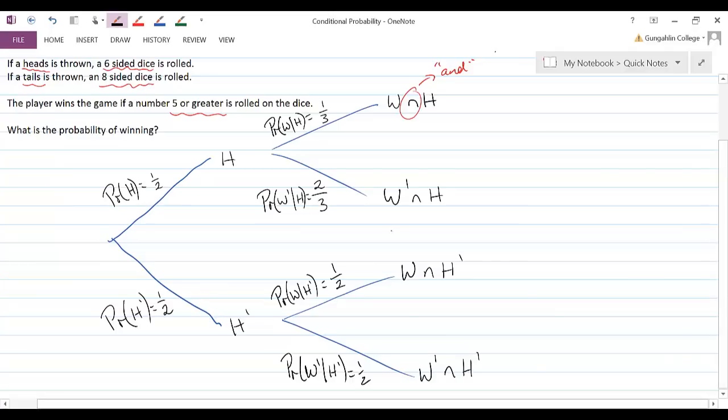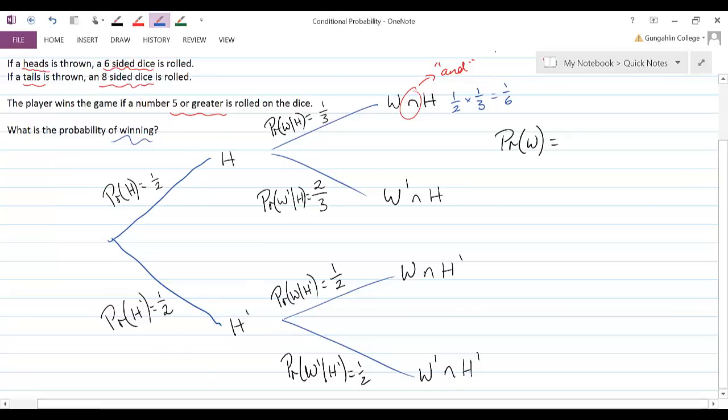Now, if I want to find the probability of winning, that was my ultimate question in this, it's going to be looking at all the ways I can win, this way and that way, and adding them together. So what's the probability of ending up here? Well, the probability of winning and getting heads is going to be 1/2 times 1/3, which is 1/6.